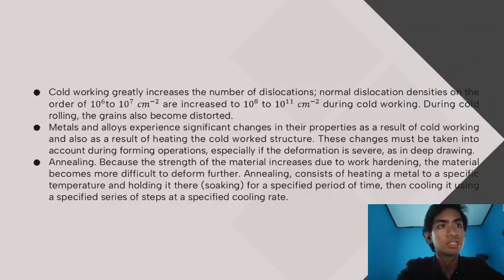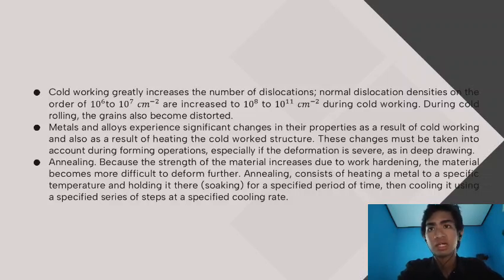Eventually, a point is reached where it is necessary to anneal the piece to allow further forming operations without the risk of producing cracks. In addition, some metals are strengthened primarily by cold working. In this case, it is important that the metal not soften when placed in service.